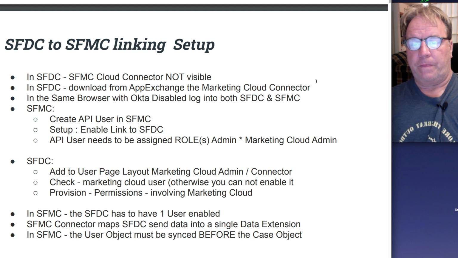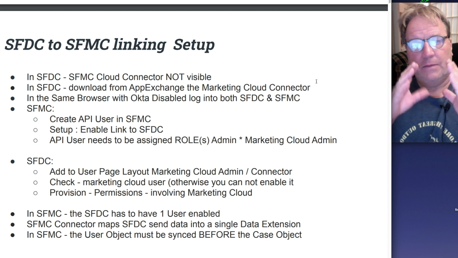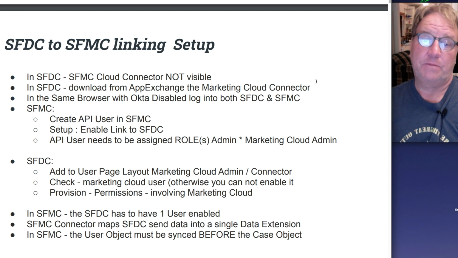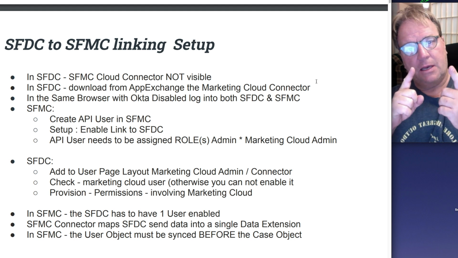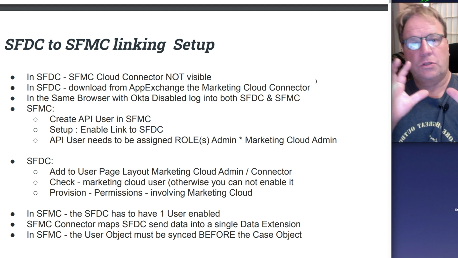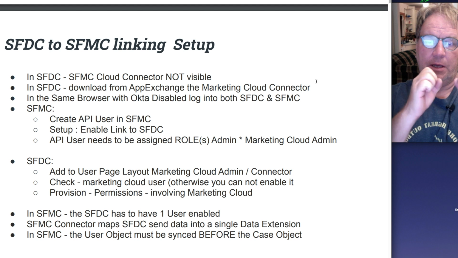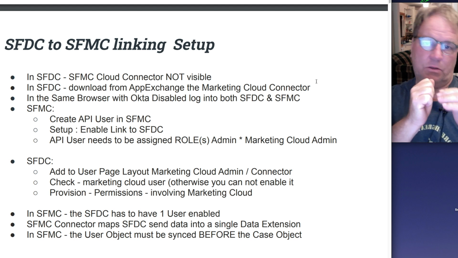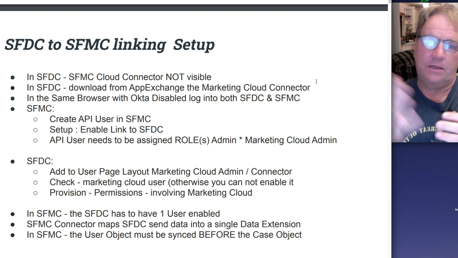And then in the browsers, you've got to make sure your Okta and your security things are disabled, because if they aren't disabled, the two clouds can't connect and establish that initial connection, and then you can open your Okta and all that stuff.